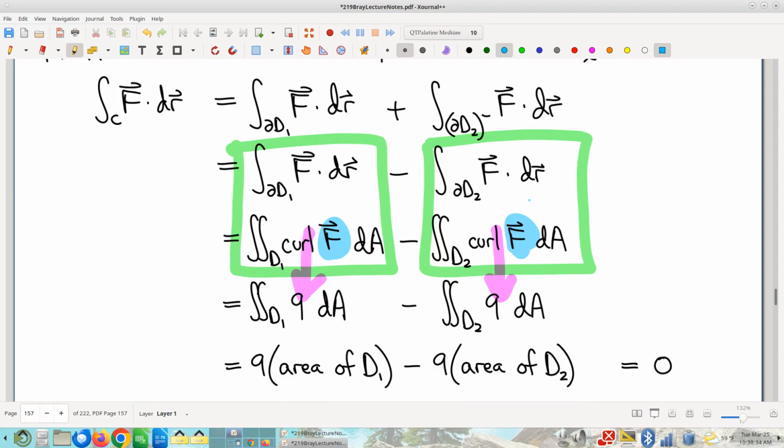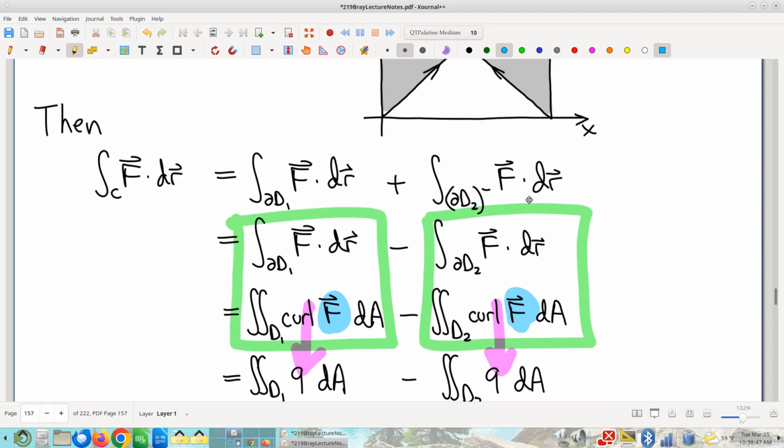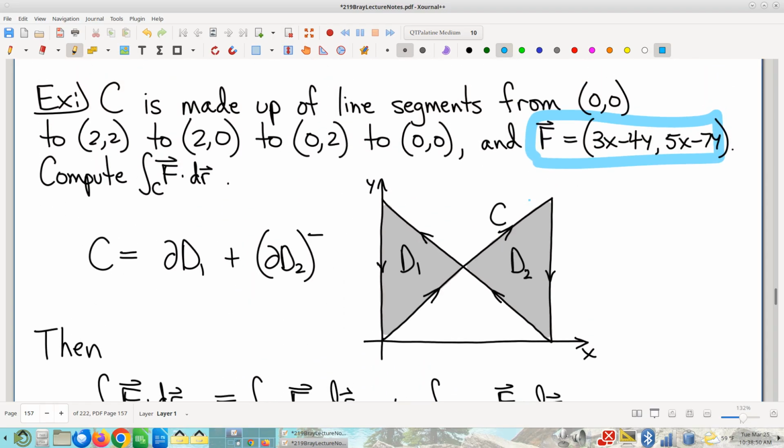Integrals, again, of constants. Gotta love it. And conveniently, they're integrals of the same constant over regions with the same area, and so the difference is just 0. And so again, we saved ourselves loads of trouble. Easy integral, as opposed to 4 separate parametrized pullbacks, lots of details, lots of opportunities for careless errors, lots of tedium to go through. Much more difficult calculation to do it without Green's theorem.